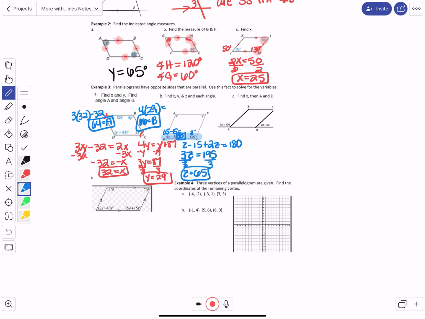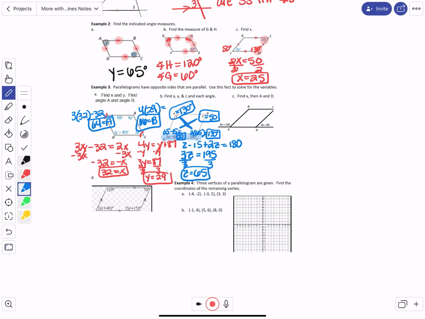So 2 times 65 is going to be 130 degrees for angle C. Now I know this angle up here is going to be 50 degrees. So angle B and y are going to be 50 degrees. That's going to be the same, because remember, opposite angles here are going to be the same. Same thing over here. This is going to be 130 degrees.